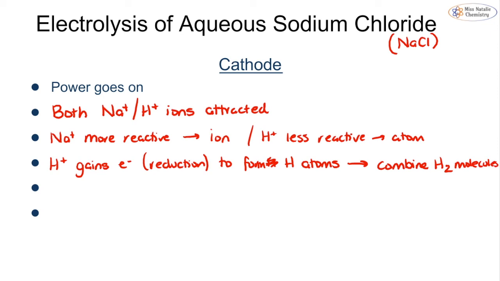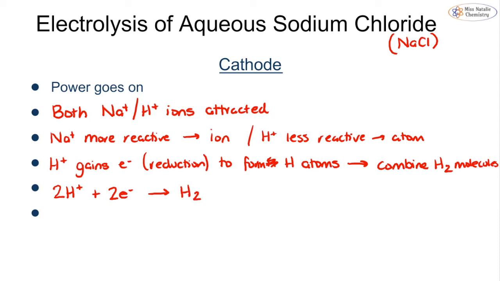So the sodium stays as an ion, the hydrogen gains an electron and forms a hydrogen atom, and they then combine to form your hydrogen molecules. So you could write out that you have 2H plus gaining 2 electrons to give you hydrogen gas.